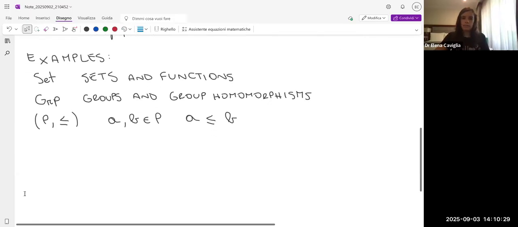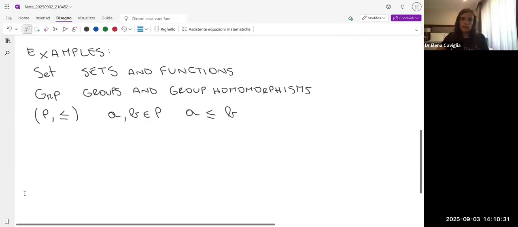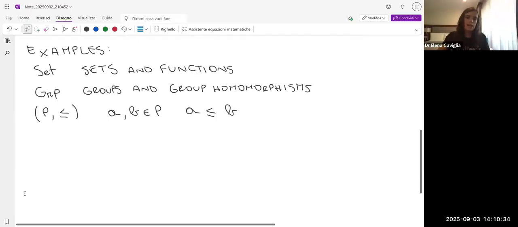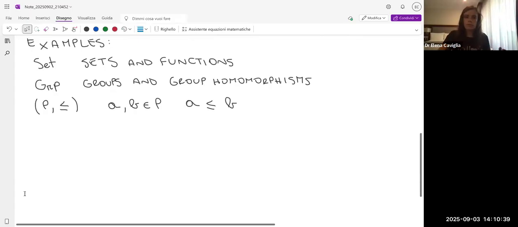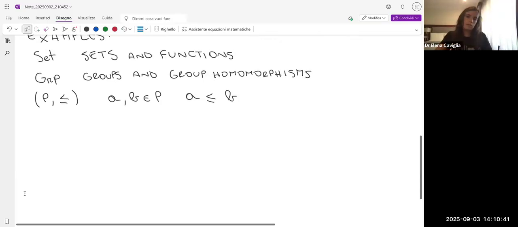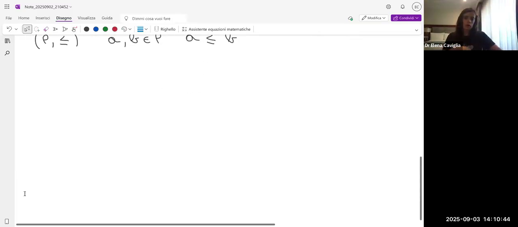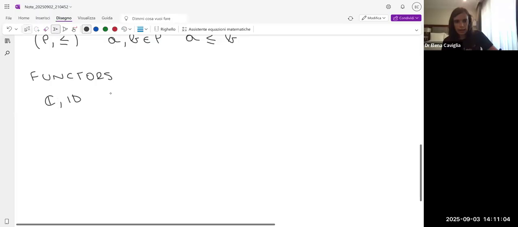And now if we have two different categories, we can ask ourselves, can we maybe relate them? Can we compare them? Can we do something? And so naturally, we need to talk about functors. So these are maps between categories. So if we now have C and D, they are categories.